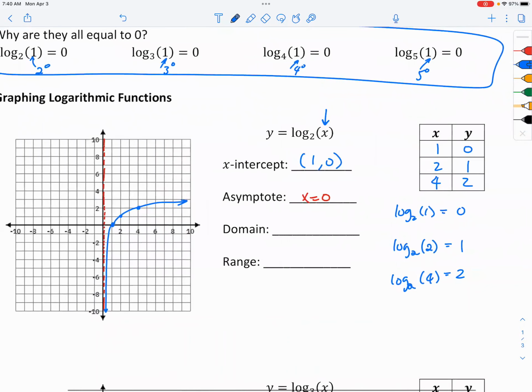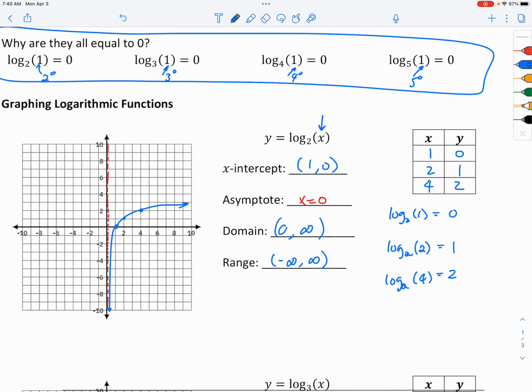And to write down the domain and range, I think that's very easy to tell based on the graph. The domain would be 0 to infinity, okay, parentheses. And the range would be negative infinity to infinity, okay? So you may look at the graph and tell all these domain and range stuff, or you can say, well, I knew the domain and range for the exponential function, so I'm just going to swap them.